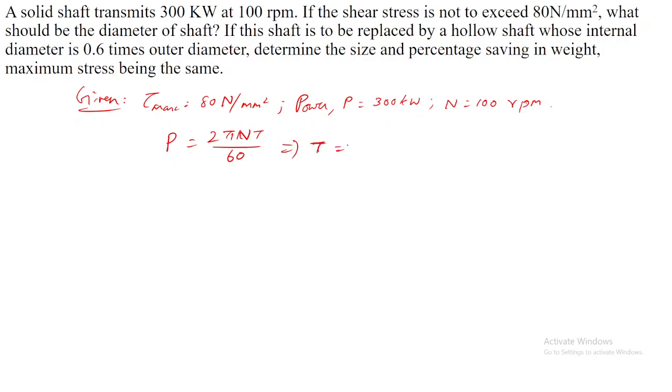What is the value of torque you are getting? See, it is 60 into 300 divided by 2 pi into 100, right? 100 is the rpm.